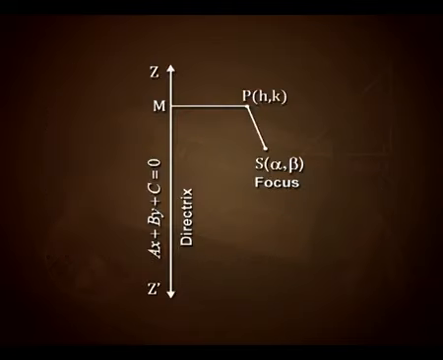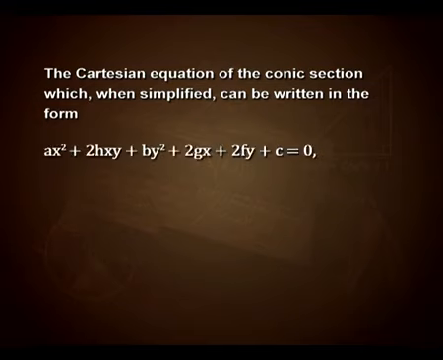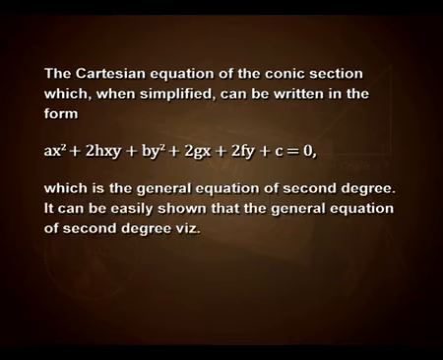We have a directrix represented by Z Z dash, and a focus represented by point S with coordinates alpha and beta, and there is a fixed point P denoted by h comma k. The Cartesian equation of the conic section, when simplified, can be written in the form ax^2 + 2hxy + by^2 + 2gx + 2fy + c = 0, which is the general equation of second degree.